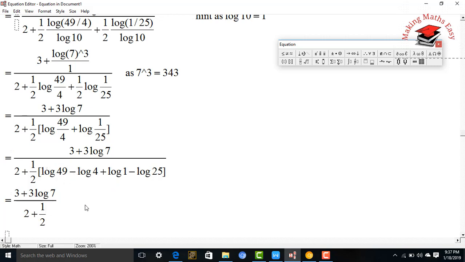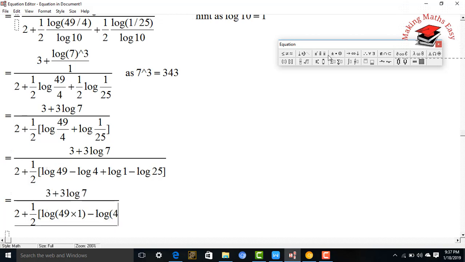So according to the logarithmic property we will use a bracket over here. Log of 49 multiplied by 1, minus log of 4 into 25. So 4 into 25 gives me log of 4 multiplied by 25, and I will close the bracket.